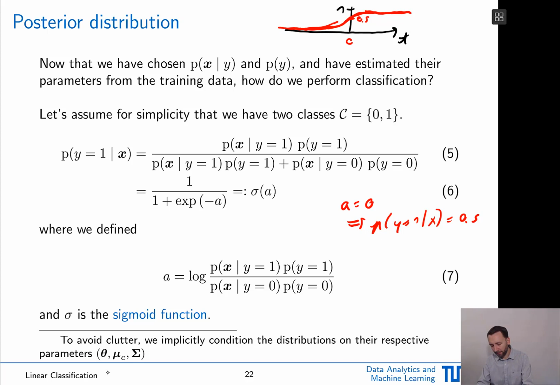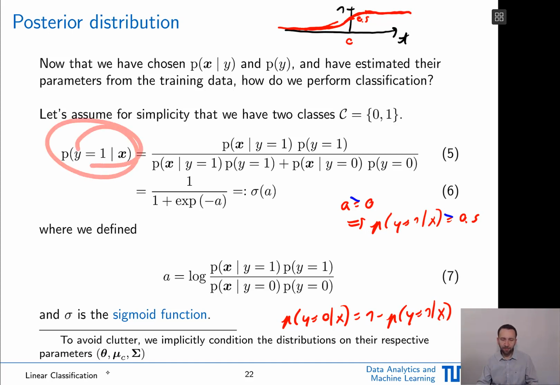But differently speaking, if A is larger or equal to 0, we have a probability larger or equal to 0.5. So if we want to predict it as class 1, the probability should be at least 0.5, at least 50%, because class 0 has 1 minus of it. So remember, P of y equal to 0 is, of course, 1 minus P of y equal to 1. So if we want to make sure that the sample gets classified as class 1, we have to make sure that A is larger than or equal to 0.